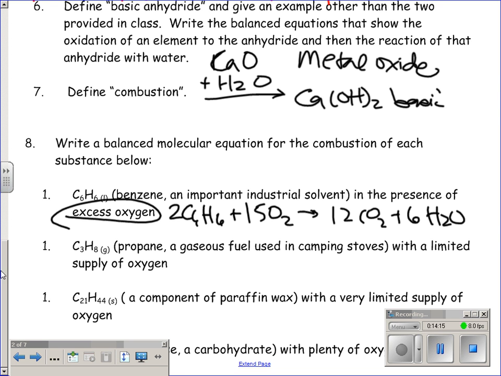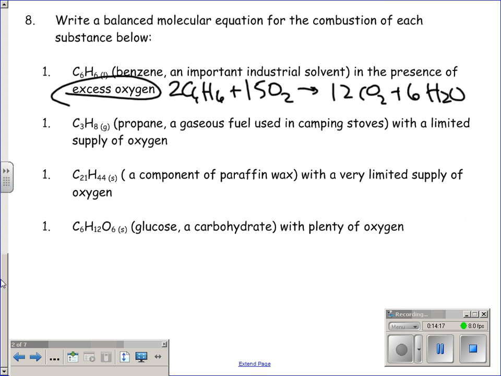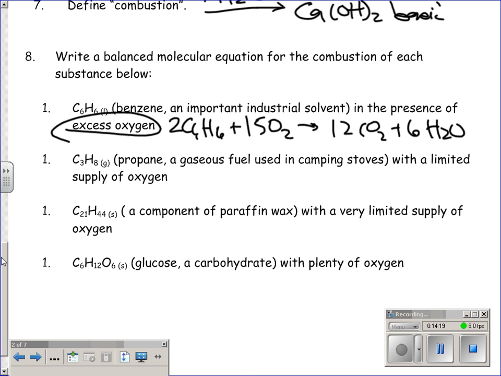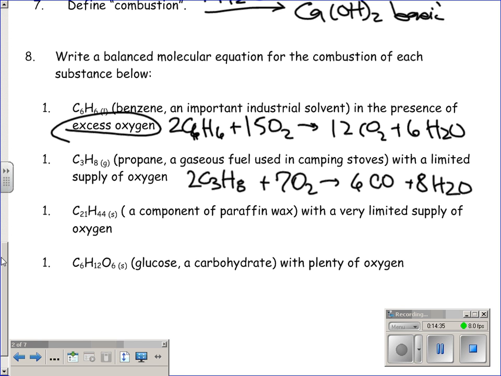Okay. This next one has propane, but with a limited supply of oxygen. Go for it. 2C3H8 plus 7O2 yields 6CO plus 8 waters. Okay. So why is this one forming carbon monoxide?